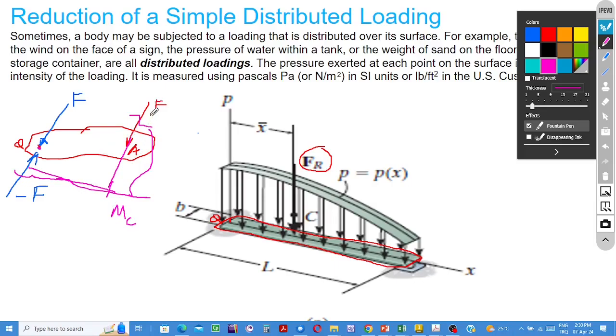Calculate the moment of the couple accordingly. In practice, just calculate the moment of this force with respect to point O.